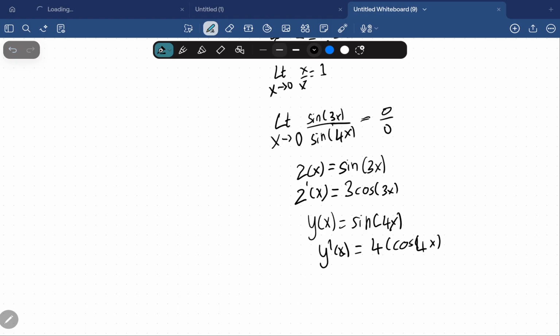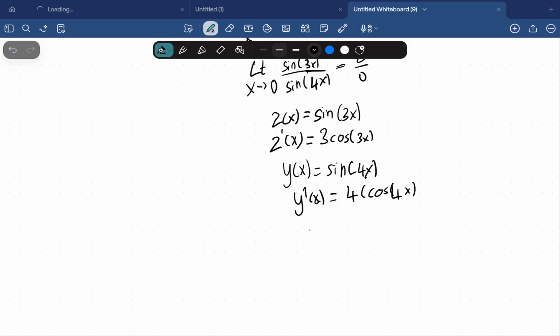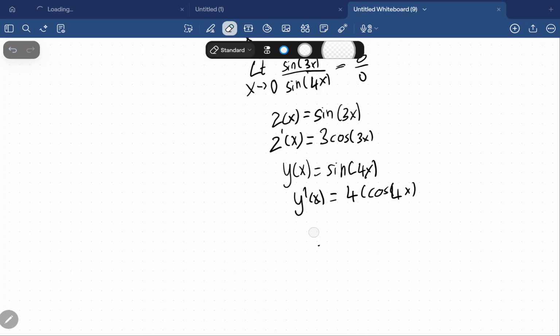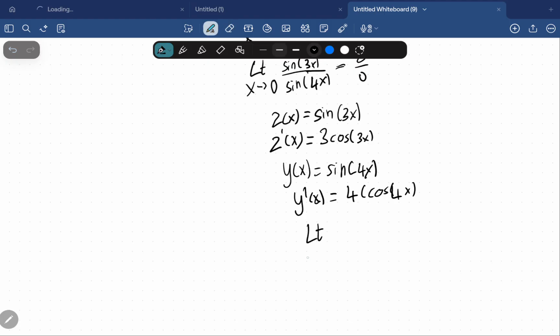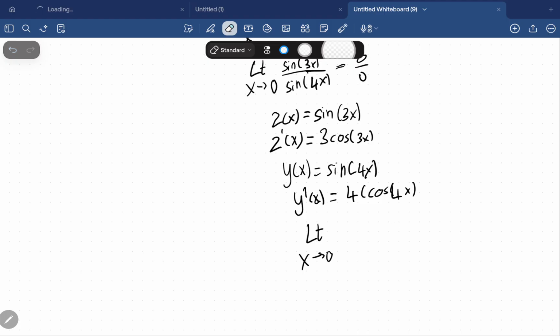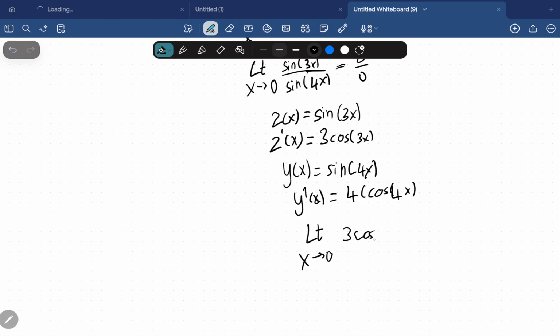Now what we will do is plug it back into the limit. Limit as x reaches 0 of 3 cos 3x over 4 cos 4x.